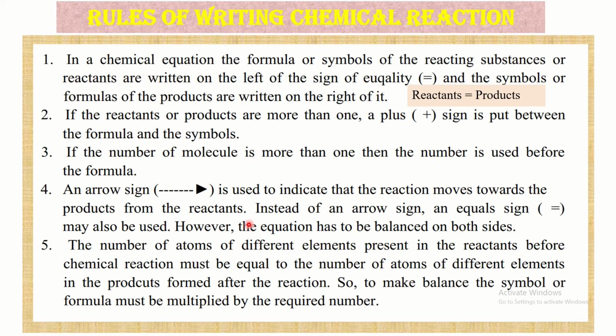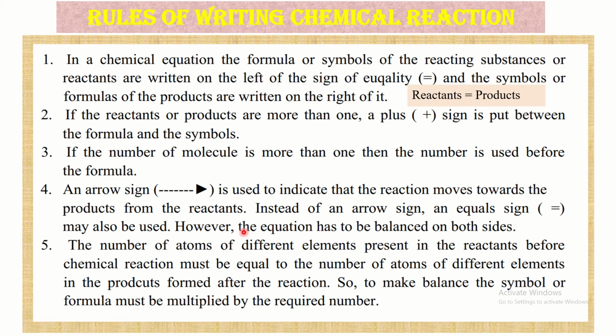Here calcium carbonate is the reactant, and calcium carbonate CaCO3 will be placed at the left side of the equal or arrow sign, and the products calcium oxide and carbon dioxide are placed at the right side of the equal or arrow sign.